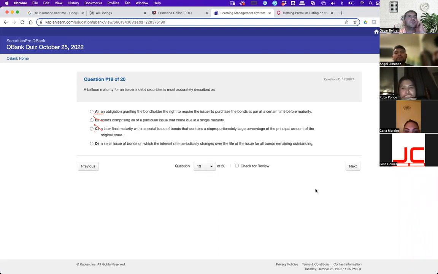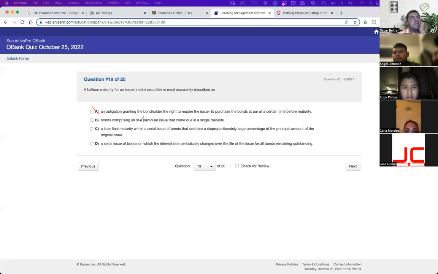All right, a balloon maturity. So we're expecting a big payment at the end for balloon maturities. A balloon maturity for an issuer's debt security is most accurately described as. A doesn't sound right, right? No, that's wrong.